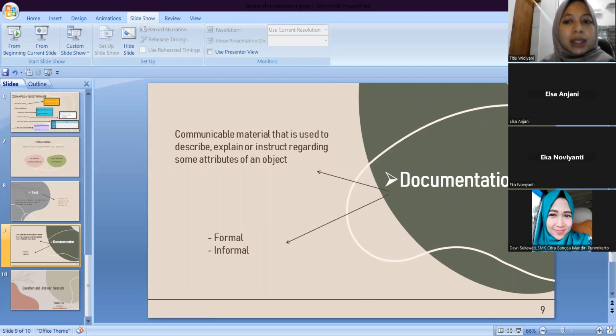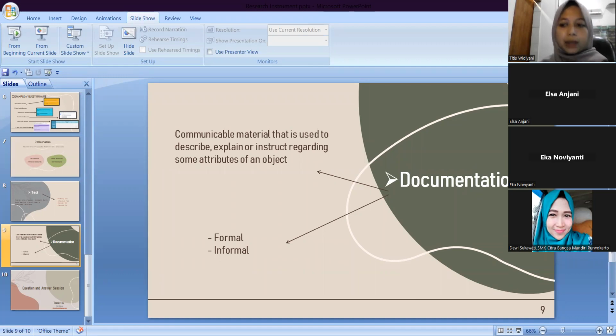Okay, and the last instrument is documentation. Documentation is a communicable material that is used to describe, explain, or instruct regarding some attributes of an object. There are two kinds of documentation, formal and informal.